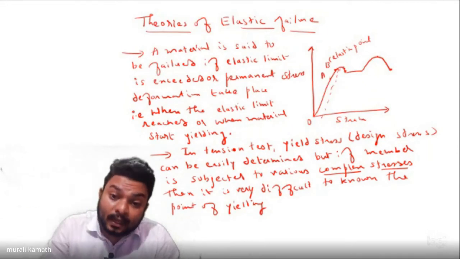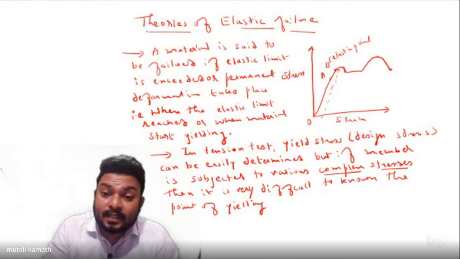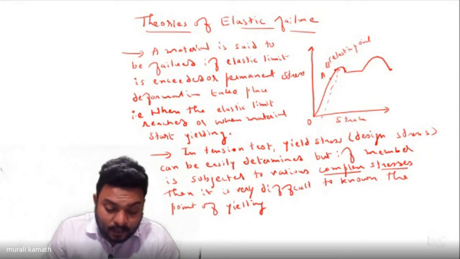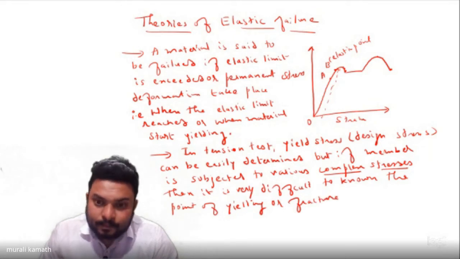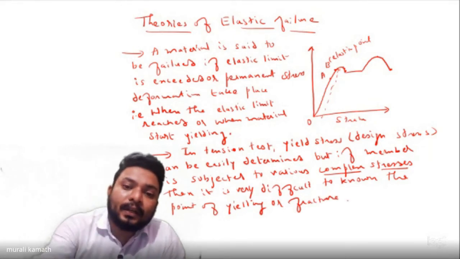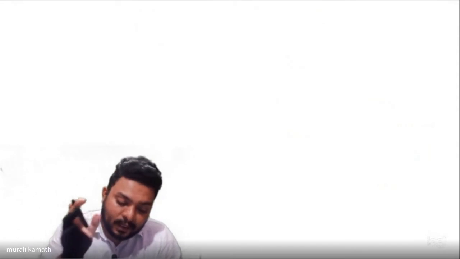If shear stress is there, meaning the types of stresses increase, yielding or fracture is going to occur. So why should we know this? Any problem up to here?